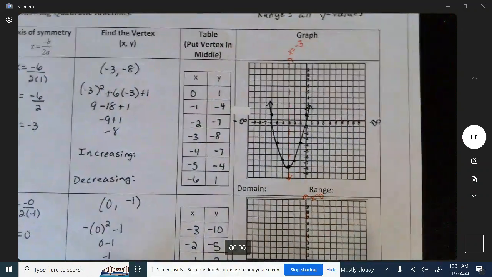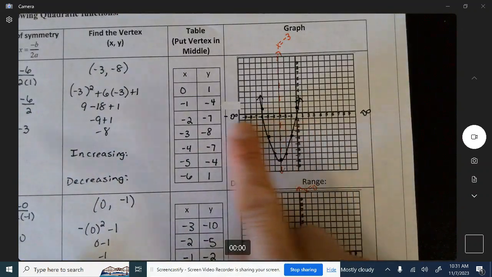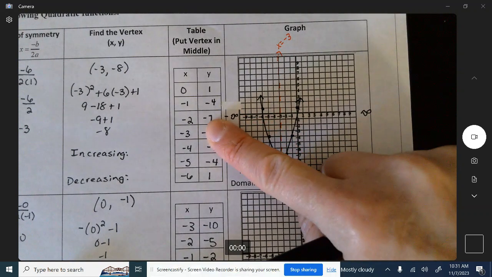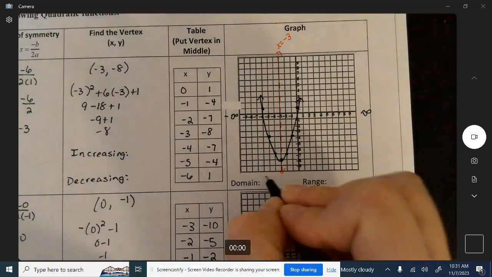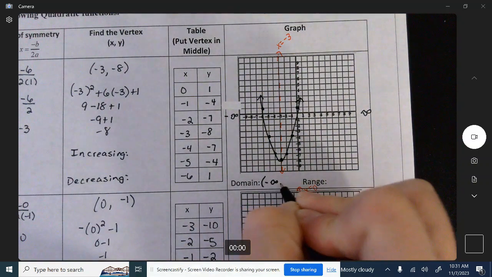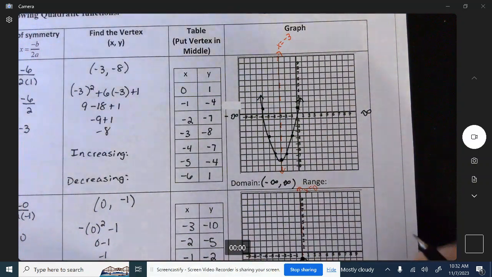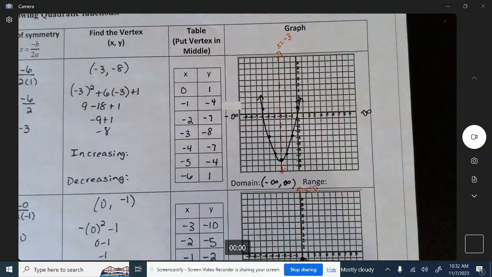Okay, so for domain, if we can have any value that goes out this way, and any value that goes to the right, that means my domain is negative infinity to positive infinity, okay? Every quadratic function has the domain of negative infinity to positive infinity.